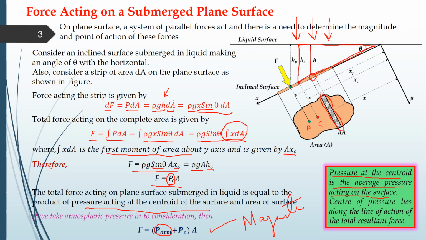The center of pressure basically lies along the line of action of the total resultant force, so it is at some distance. That's why we have shown the force over here, because magnitude we will find by this method, but the line of action of the force will be at the center of pressure. So the center of pressure we will try to locate in the next slide.